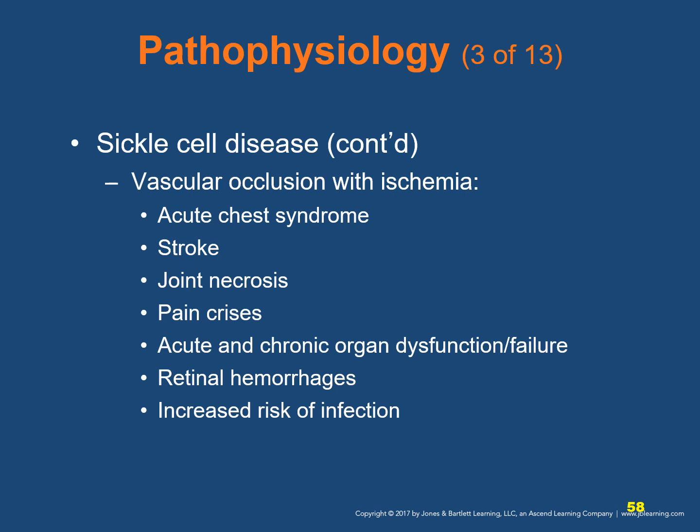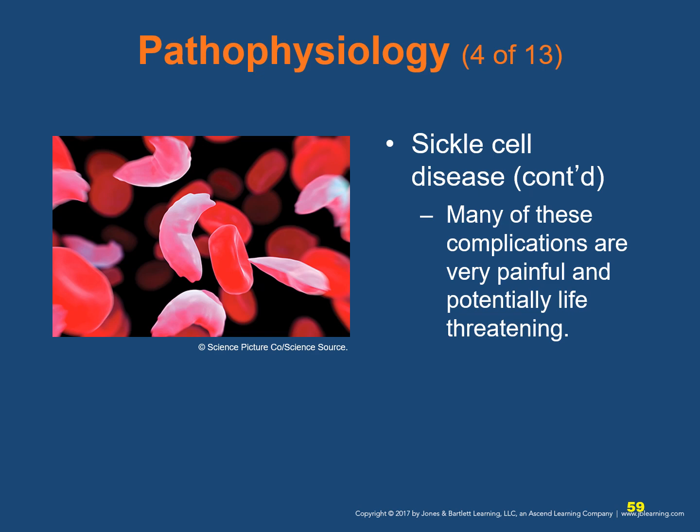It can also cause stroke, joint necrosis, specifically the head of the femur and the humerus, pain crises, acute and chronic organ dysfunction and failure, and retinal hemorrhage. And there's also an increased risk of infection. Many of these complications are very painful and potentially life-threatening. The patient is also more susceptible to infections.